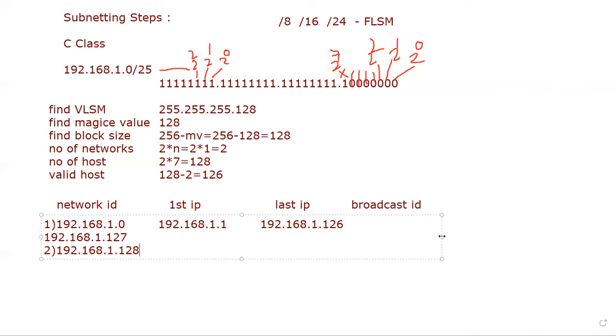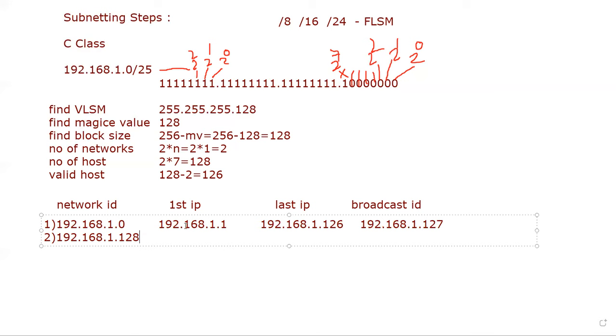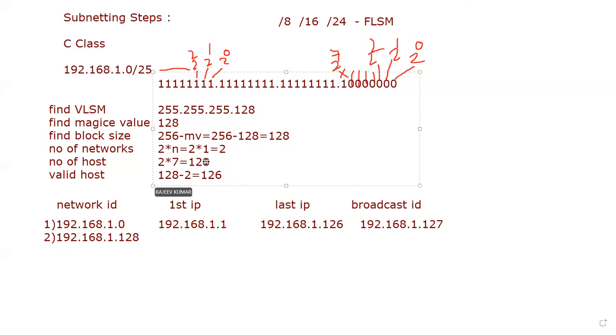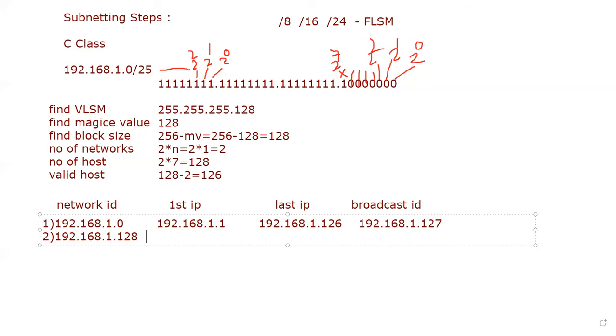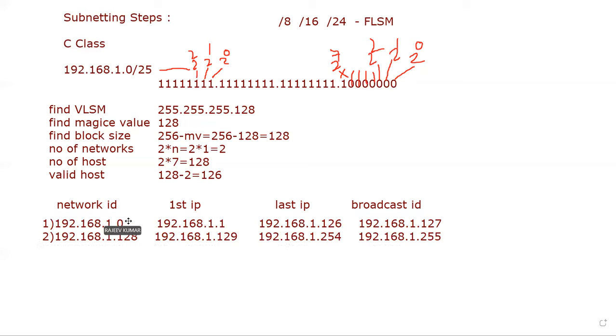The reason is that in one network we have a maximum of 128 addresses, like 0, 1, 2, 3, 4, 5, 6 up to 127. So the next network starts from 128, first IP 192.168.1.129, last IP 192.168.1.254, and broadcast 255. So we have divided 0 to 255 into 2 networks.